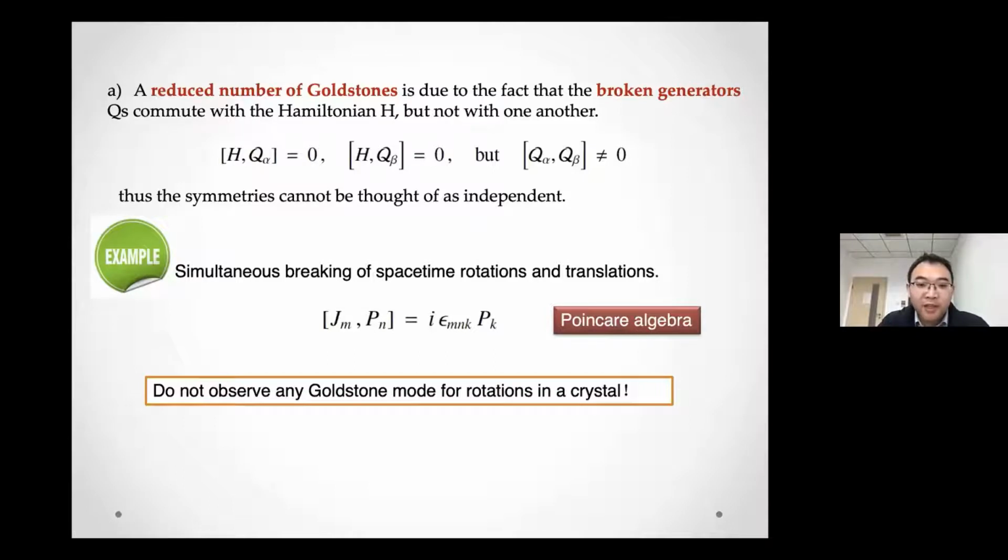A very nice example is to consider simultaneously breaking space-time rotations and translations. From the Poincare algebra, we know the angular momentum J and the momenta P have non-vanishing commutators. This explains why we do not observe any Goldstone mode for rotations in a crystal.